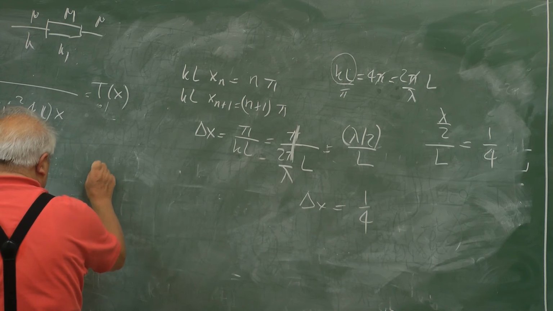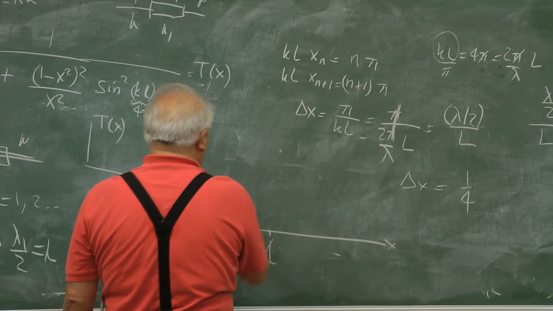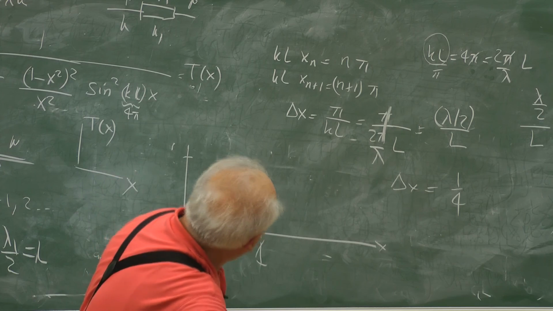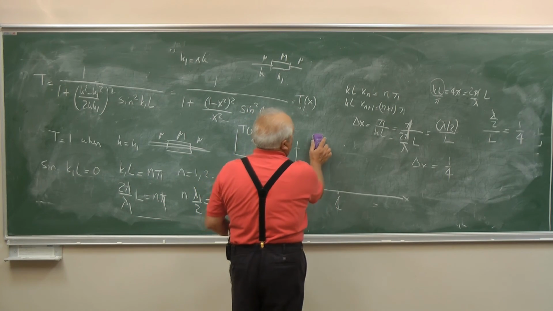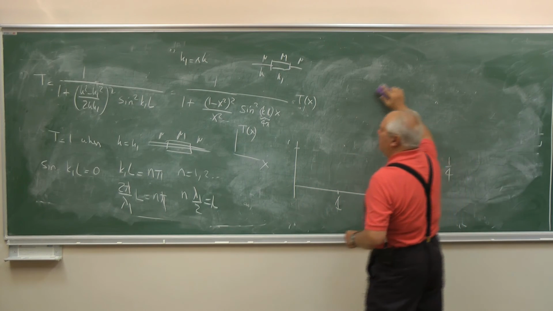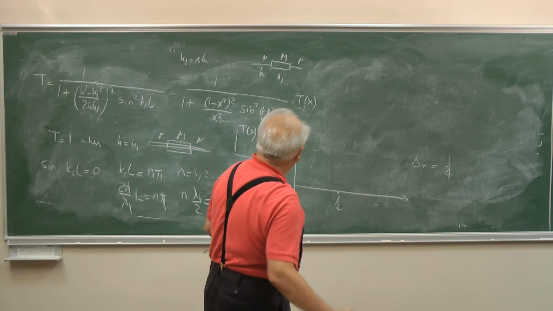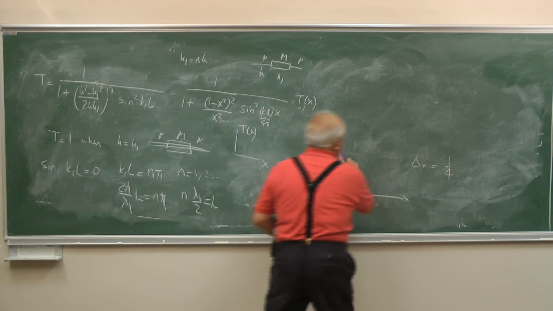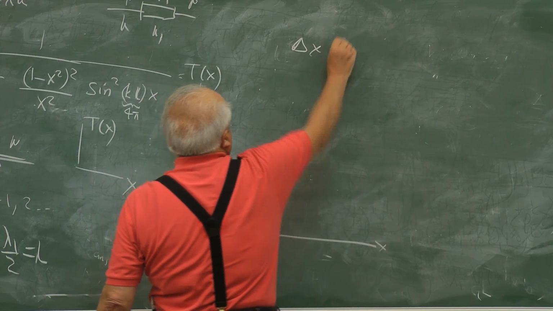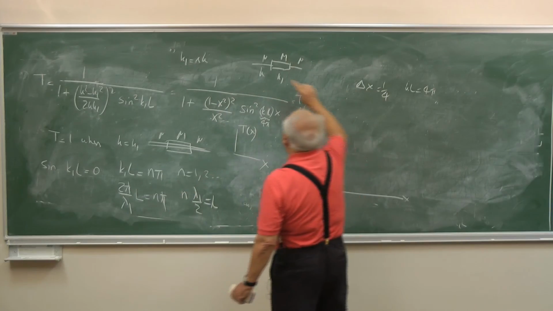So this is x. That's 1. We don't need these anymore. We need delta x equals 1 over 4 and that formula. Let's make it bigger. Delta x equals 1 over 4 with KL equal to 4 pi. K is the K of that thing.